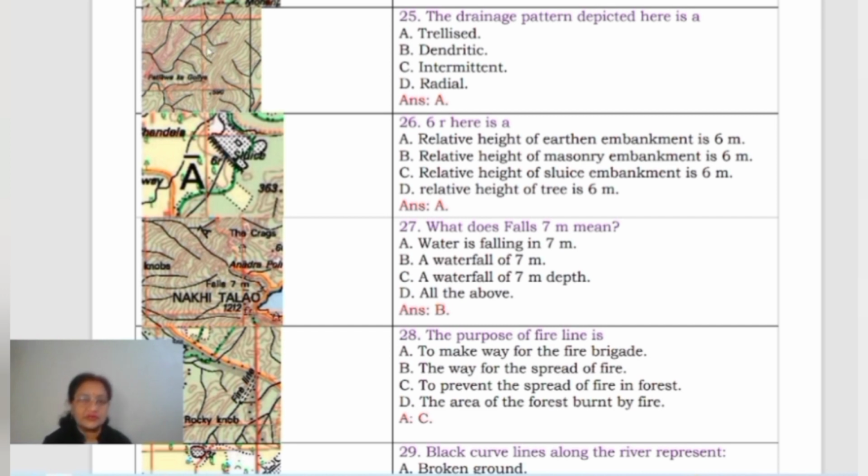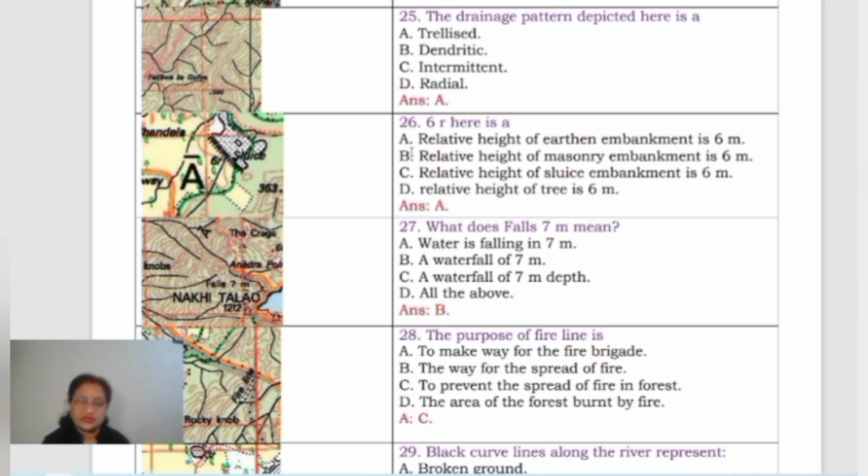You can see here, children, the streams which are joining the main stream are almost moving parallel to each other. Not exactly, but yes, these are almost parallel to each other, right? So these are called trellised streams, or you can say the pattern is a trellised drainage pattern. Okay, now come to the next.